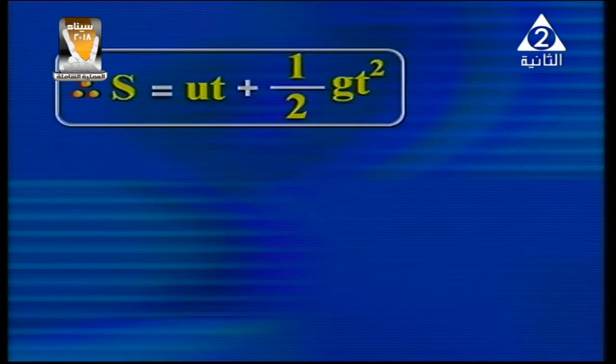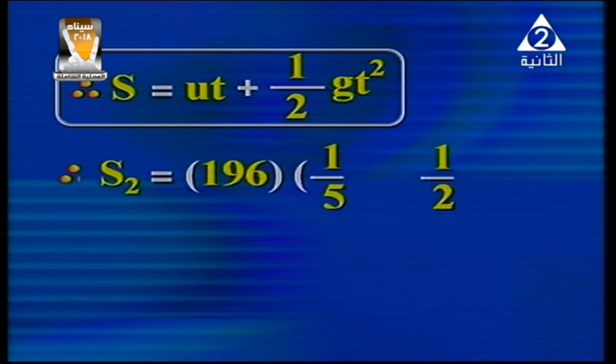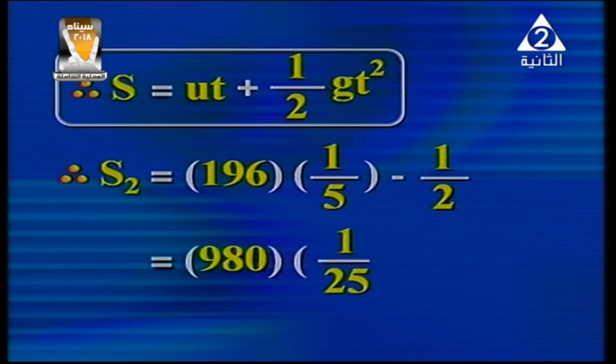After that, we substitute in the second law to find s2. The distance equals initial velocity times t plus half gt squared. After substitution of u, t and g, we find the value of s, which is 19.6 times 1/5 minus half times 980 times 1/25, equals 19.6.